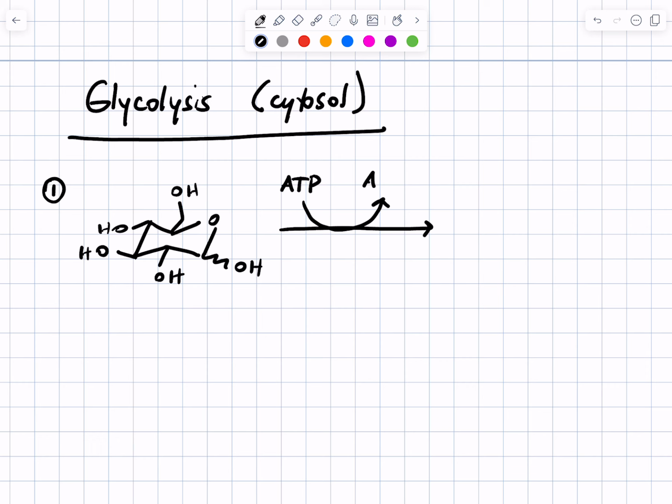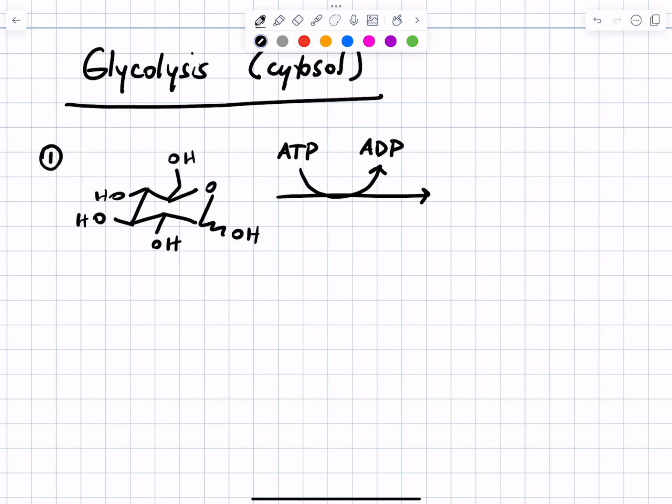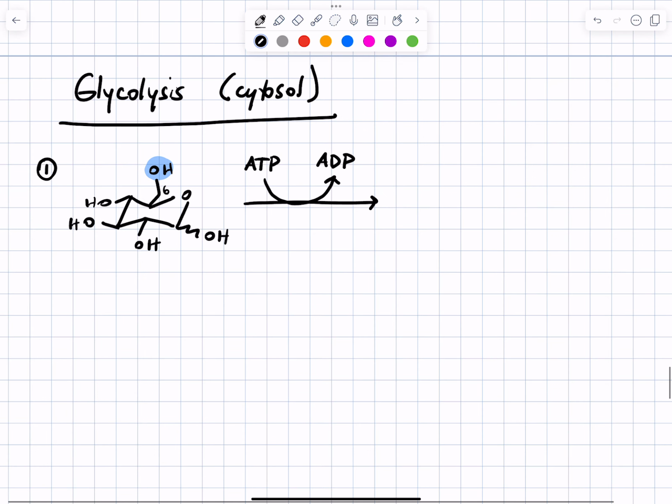But we're going to use ATP, and we're going to transfer the gamma phosphoryl group of ATP to the C6 hydroxyl group of glucose. The product looks like this.